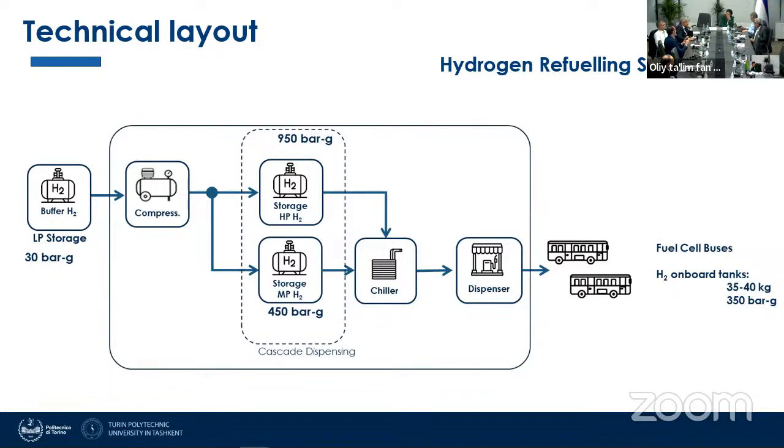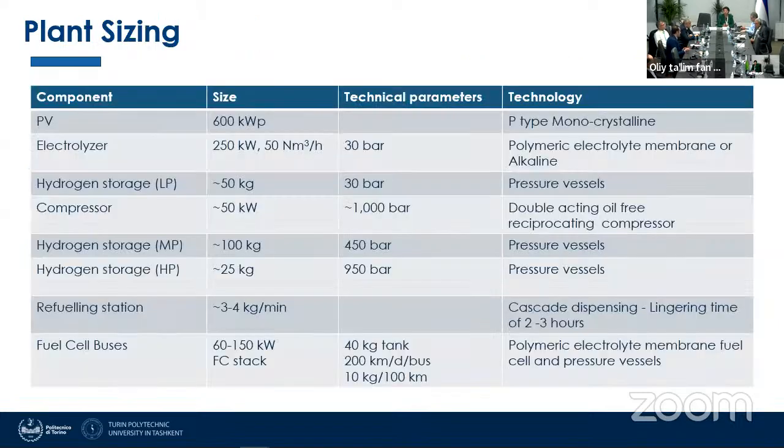So we have finally 3 levels of storage: 30 bars, 450 bars, and 950 bars that are needed to feed these buses with the real application, having a short lingering time and enough reliability in hydrogen supply. This setup could also be used for vehicles, by the way, because we have this high-level storage that could be used later, if interesting, even to feed hydrogen-fueled cars.